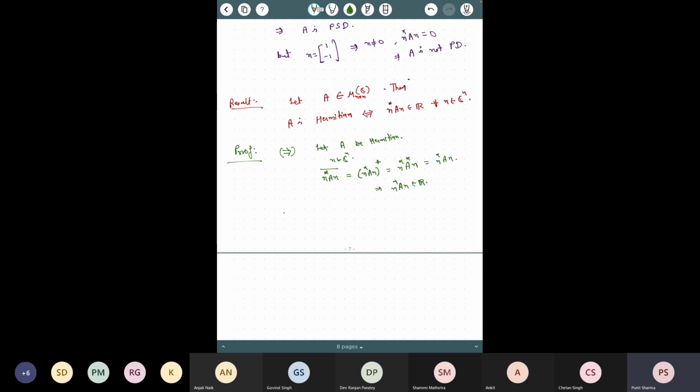Now let us look at the only if direction. What is given? The given is x star Ax is real for every vector x in Cn. Using this, we have to show that A is Hermitian.